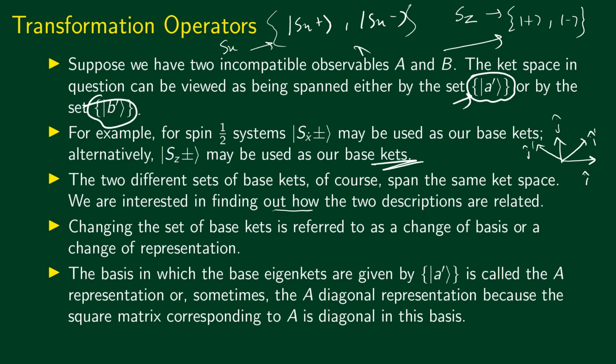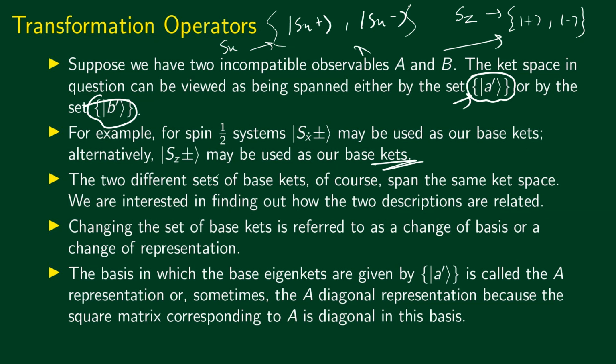We are just using a different set of basis vectors, and we know that these two descriptions will be related by a rotation matrix. We could decompose any vector in the basis i, j or in the basis i prime, j prime. When you go from one description to the other, the components of the vector will change, and we know that these are related by a rotation matrix. Similar things can be shown to work here also.